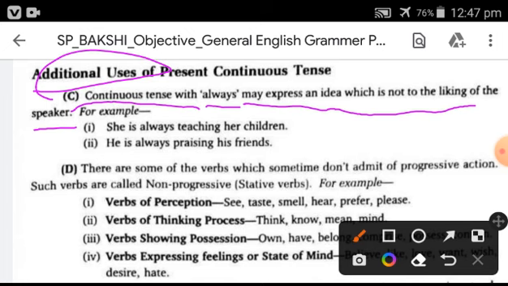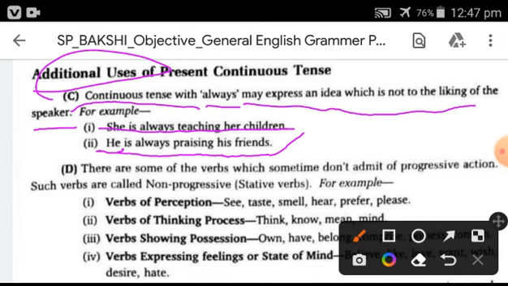And the second one is, he is always praising his friends. And as per its definition, or you can say reason, continuous tense with always may express an idea which is not to the liking of the speaker.